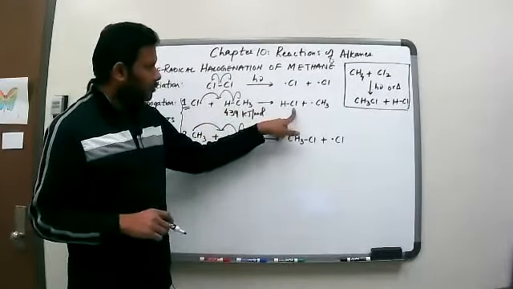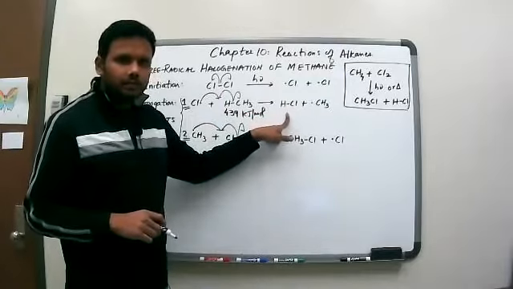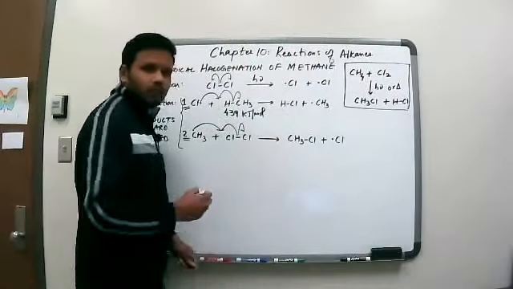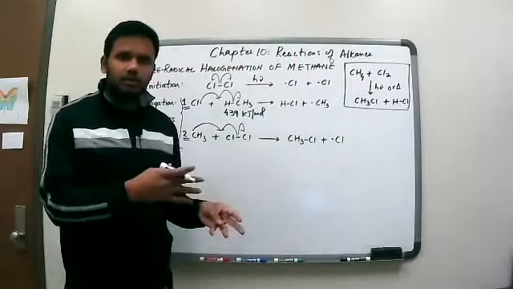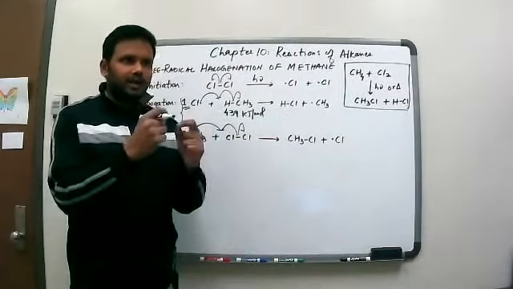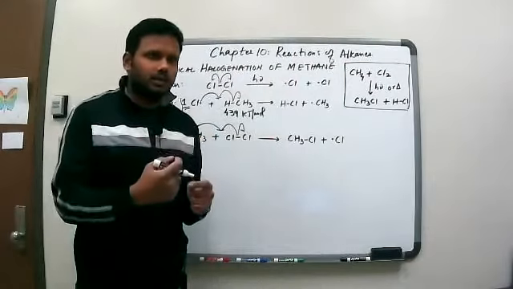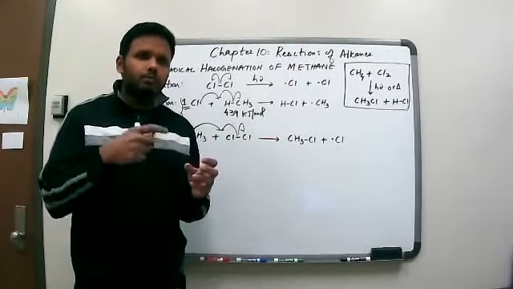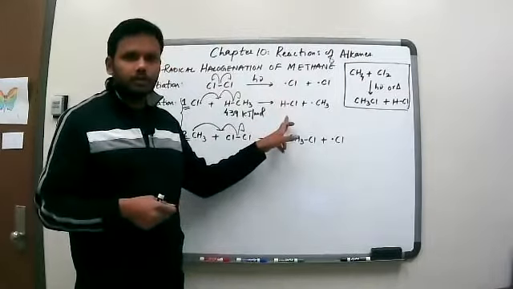And on the product side, we have HCl. Now the bond dissociation enthalpy for HCl is 432. In the table, I'll see this number, 432 kilojoules per mole. But that's the bond dissociation enthalpy, which means it's the energy required to break this bond.